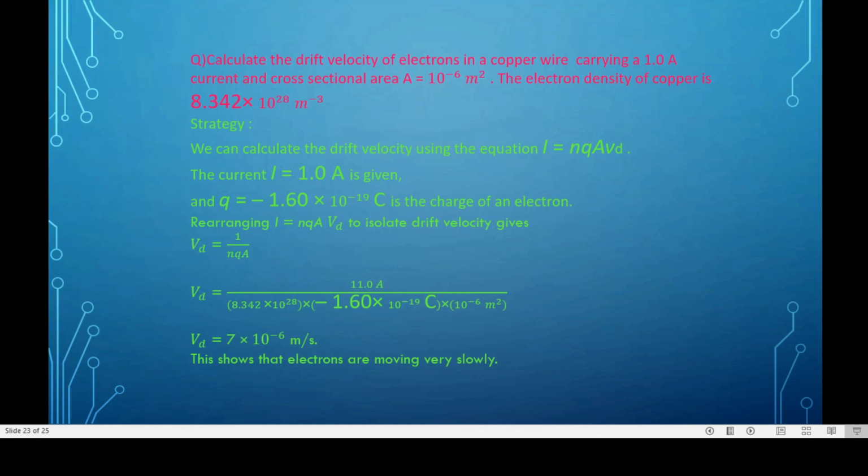Rearranging I equal to nqA Vd to isolate drift velocity gives Vd equal to I by nqA. By solving this problem, we get the answer Vd equal to 7 times 10 power minus 6 meter per second. This shows that electrons move very slowly in this copper wire.